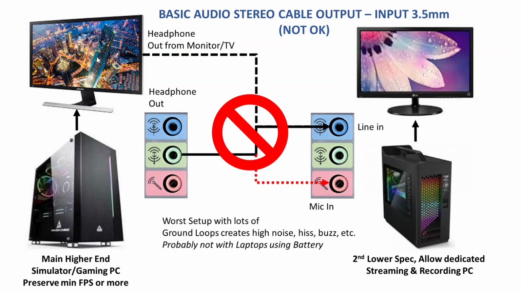Some monitors provide headphone outputs, and you can connect that to your line in, depending on which one is closest, using a stereo 3.5 millimeter cable also, or an adapter from RCA to 3.5 millimeter connectors.